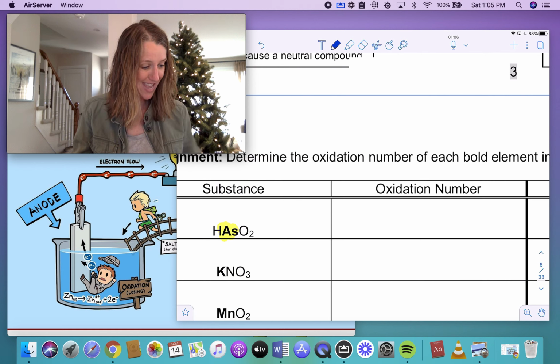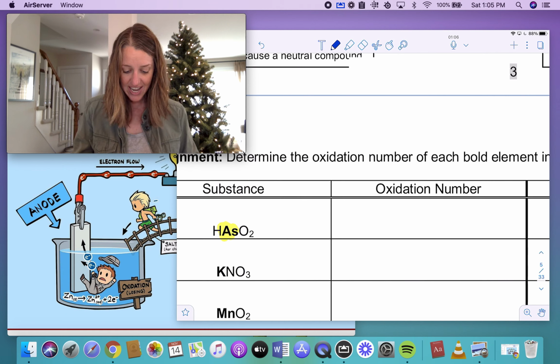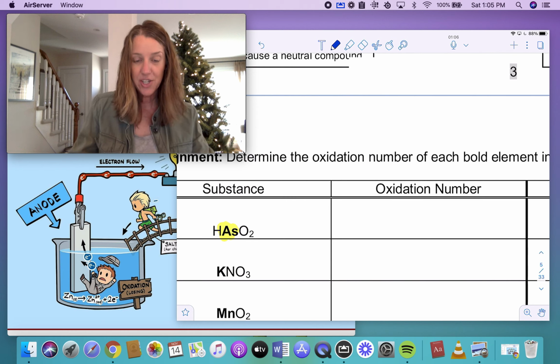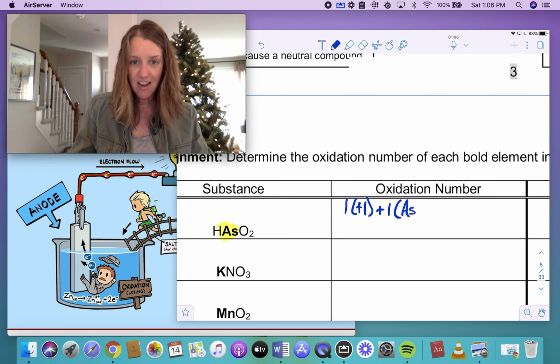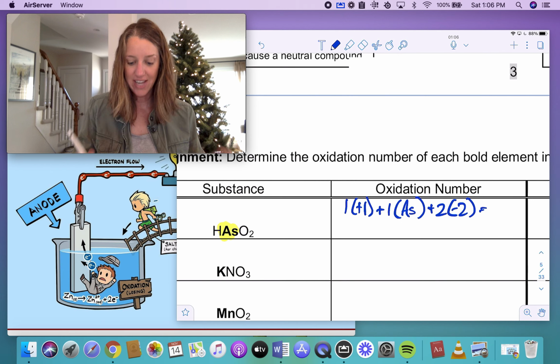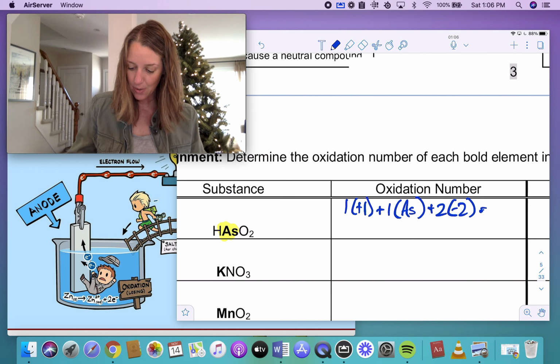For the first one then, okay, HAsO2. If you wanted to do the rough work for this one, I have one thing with a +1 charge. That's my hydrogen. Okay, I know I have one As, and I'm solving for that one. That's my X. I know I have 2 oxygens, and every oxygen has a -2. Overall, this compound has no charge to it, so it's going to have to equal 0.